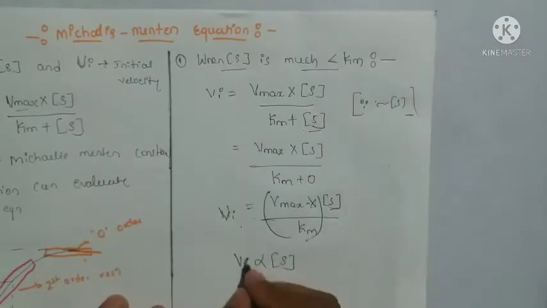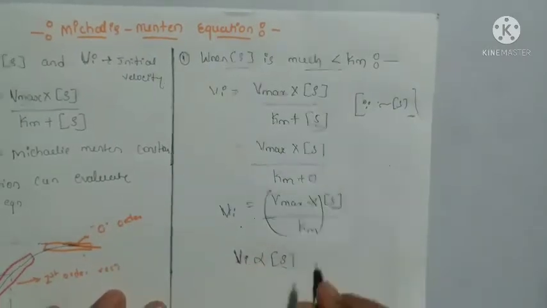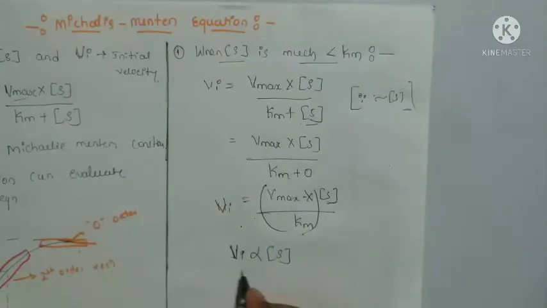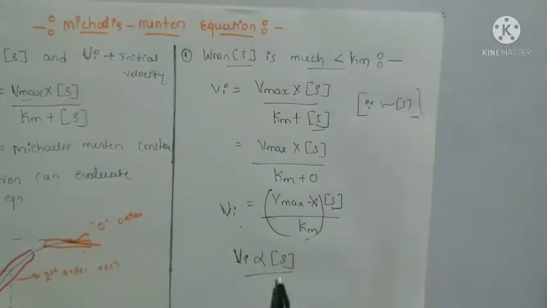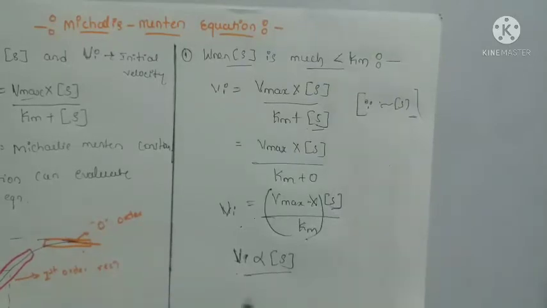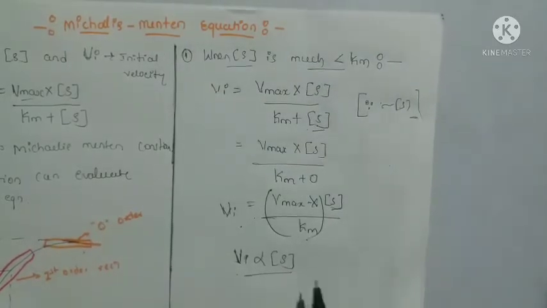We take it as direct proportionality. It is the first condition. When the initial velocity increases, the substrate also increases. It shows the first order of the reaction.